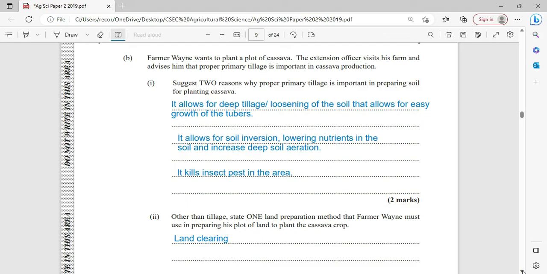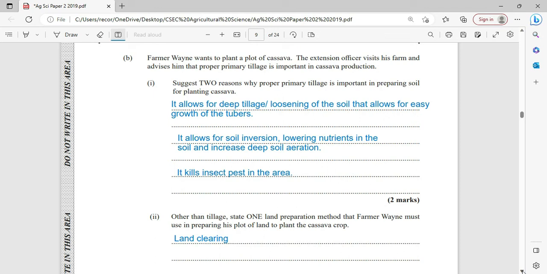But we are using tillage in order to turn the soil to make it much easier for the plants to grow. Another thing we need to know about tillage is that it is a land preparation technique used, as I said, in turning the soil.